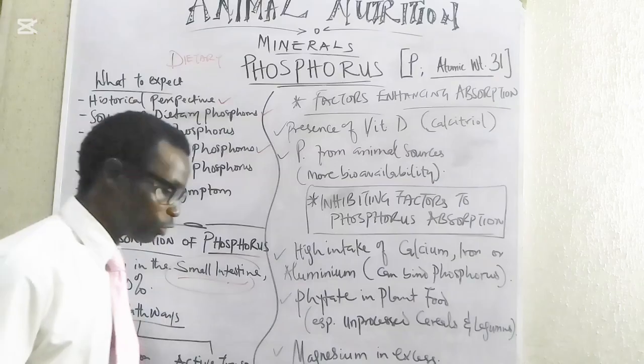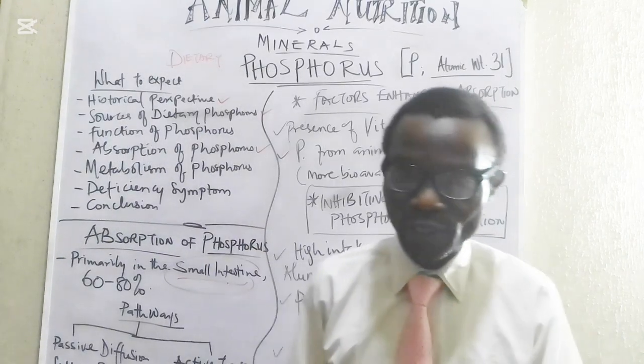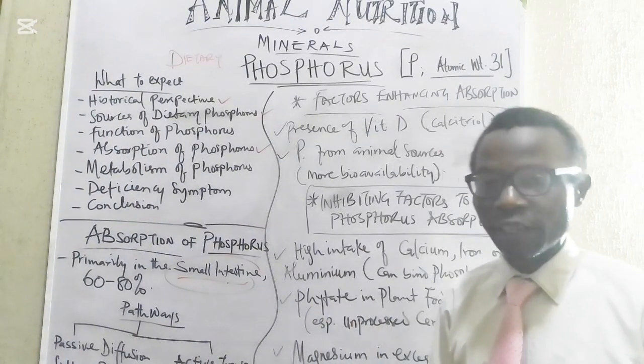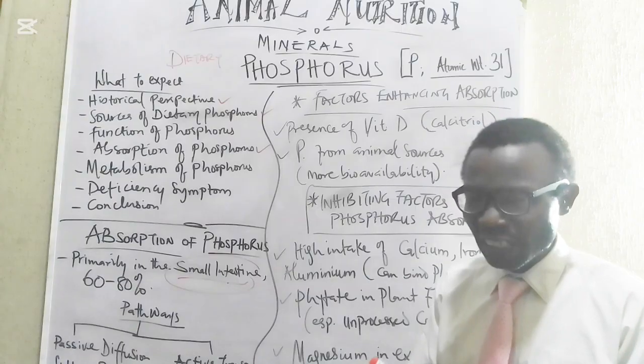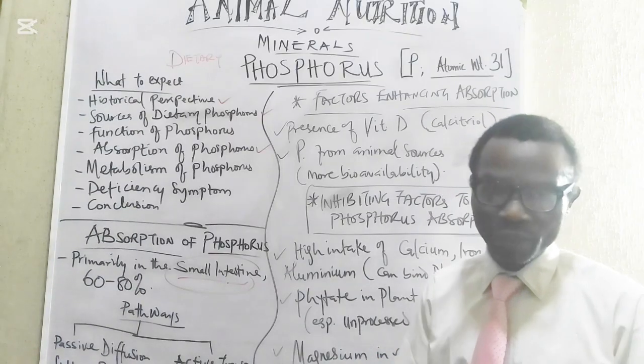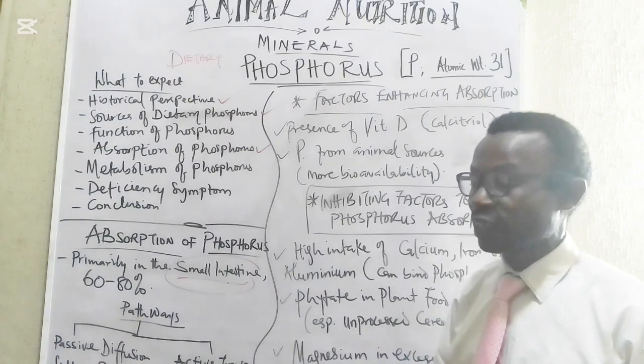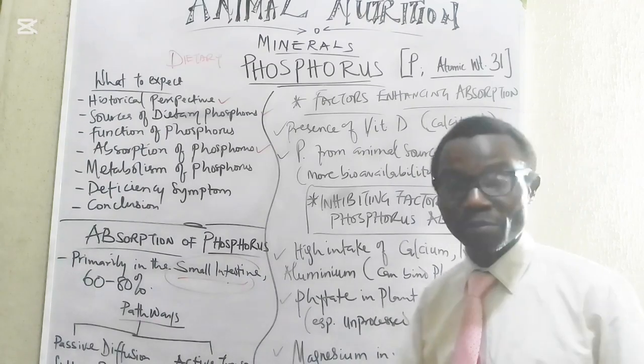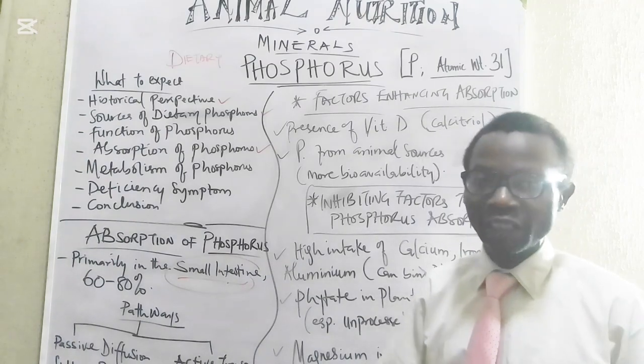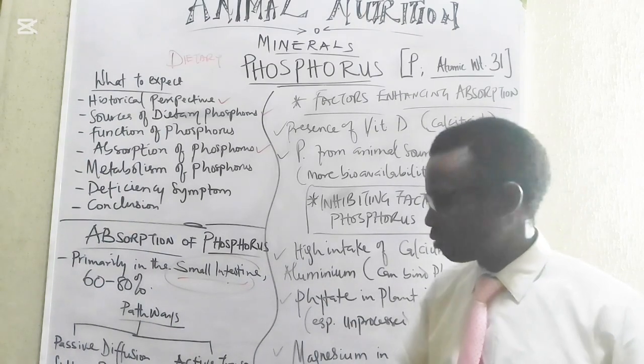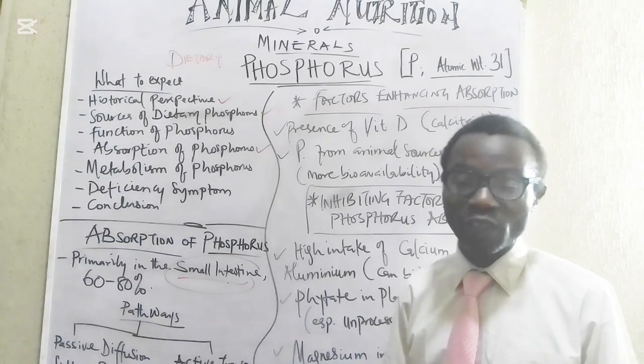On the other hand, active transport occurs when phosphorus is in low availability. What happens is that vitamin D helps in making phosphorus available.